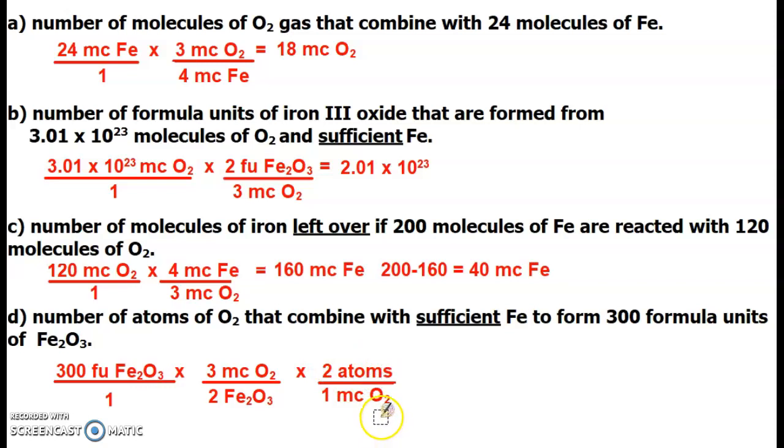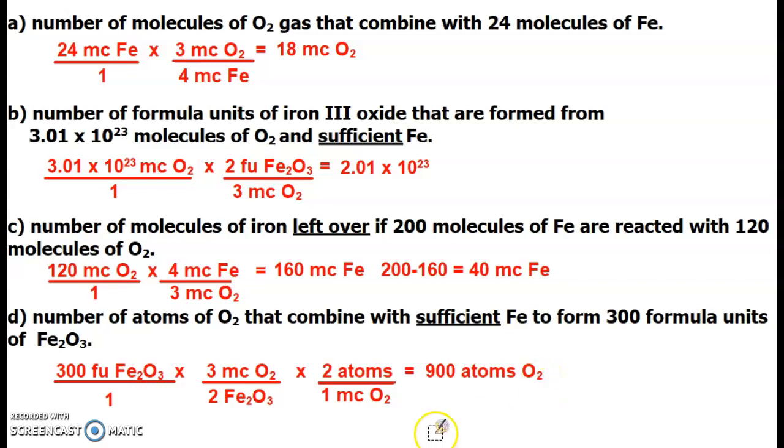So one little tiny extra step you have to do. And we can do this one without a whole lot of math also. You got 2 on bottom and 2 on top. Those go away. And so basically all you have is 3 times 300, which is 900. So there's actually 900 atoms. And that's labeled wrong. That should just say O. I gotta fix some of this stuff. But 900 atoms of oxygen.